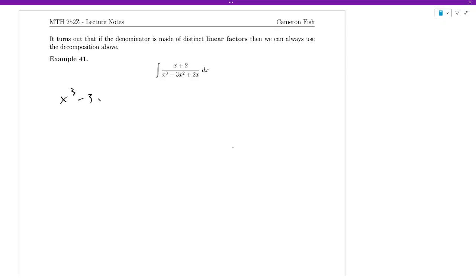X cubed minus 3x squared plus 2x. I want to factor this as much as possible. So first of all, pull out any common terms. There's an x in everything, so we can do x times x squared minus 3x plus 2. And then I'd like to factor this part.